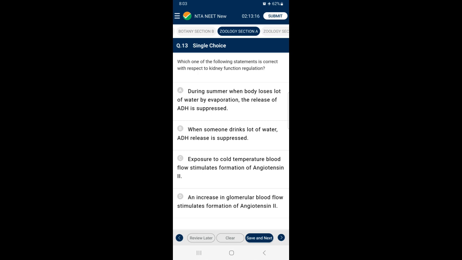This leads to reduction in urine volume and decrease in osmolarity of blood. The answer for this question is option B. When someone drinks a lot of water, ADH release is suppressed, is given. So that statement is correct with respect to kidney function regulation.